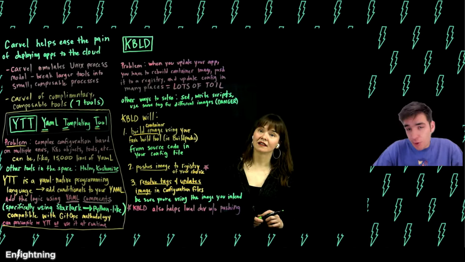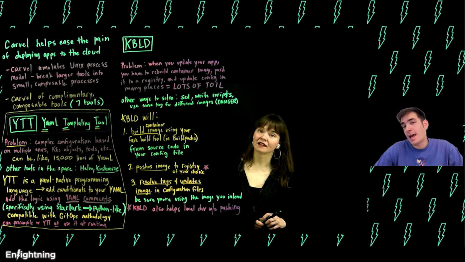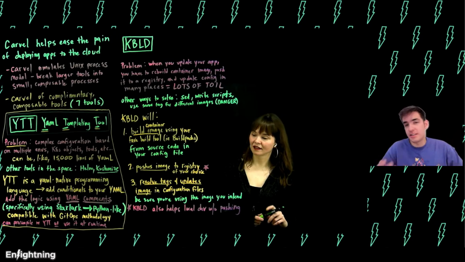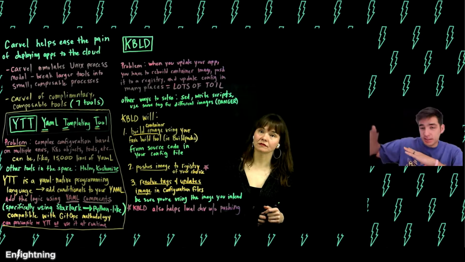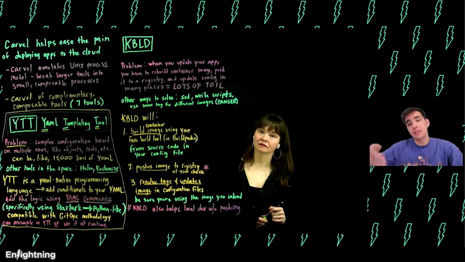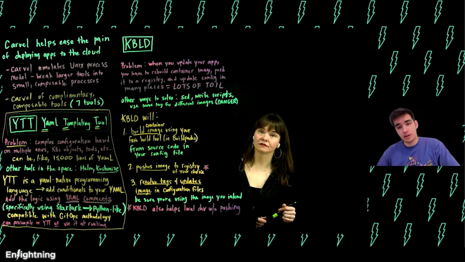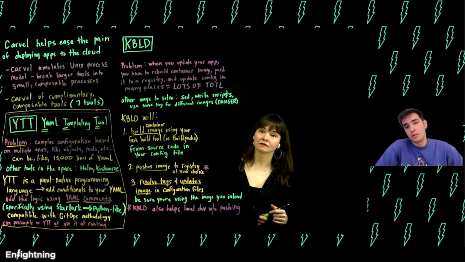K-Build is really great for this because it can resolve those image tags for you, and then you can update them in the configs that the vendor gives you, or that an open source project provides to run it. You can use K-Build to find the tagged versions, update them to the digests, and then update the configs that you're actually going to deploy in your cluster. Because people don't normally use the digests inside of the configs that they distribute.